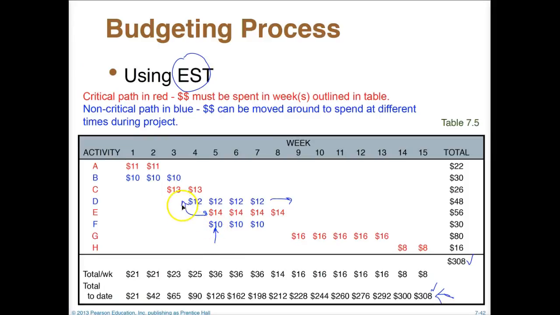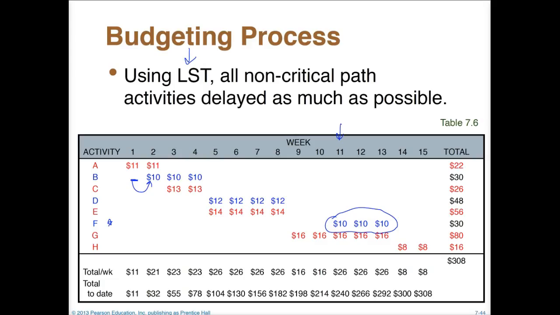So if we use the latest start time, then we can actually delay activity F by 6 weeks to be exact, before we can start working on this. So again, the point of this is just to show if we use the earliest start time, the rate at which we spend money is going to look different than using the latest start time.